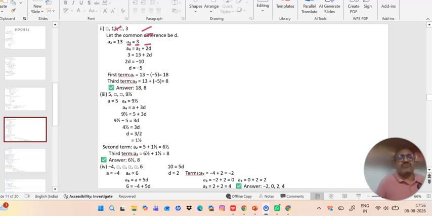Actually a6 is equal to a plus 5d, but here a is not there, so in the absence of a, a6 is equal to a2 plus 4d, whereas a6 is given minus 22, a2 is already given 38 plus 4d. Plus 38 goes across as minus 38, minus 22 minus 38, minus 60 is equal to 4d, whereas d is equal to minus 60 by 4, which means d is equal to minus 15.